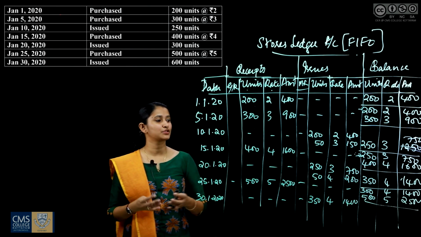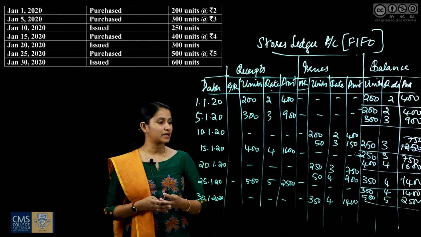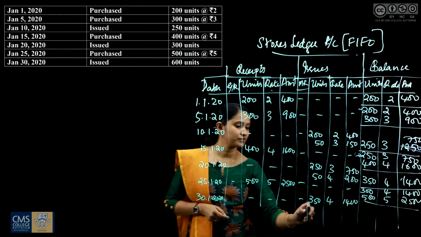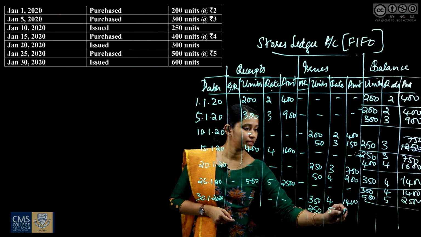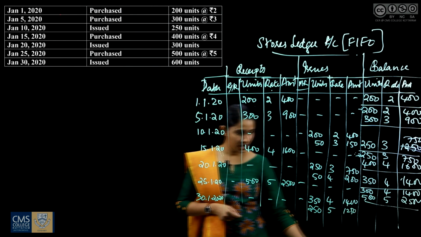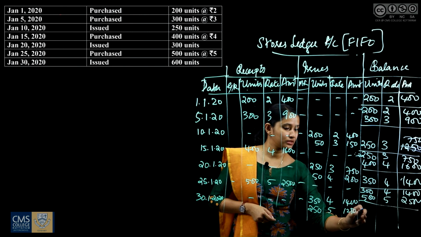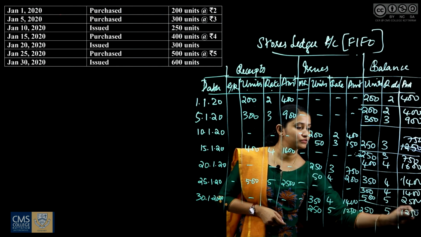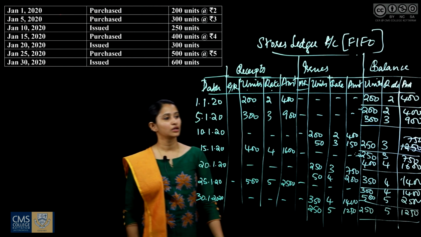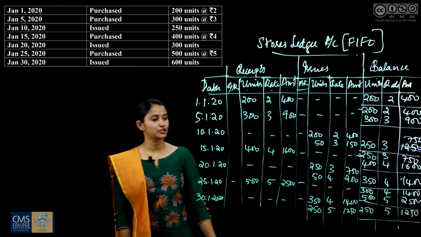We've given them 350 units from the first lot. That means we have to take 250 units from the second lot at 5. That is 1250. And that leaves us with 250 units at 5, 1250. So those are the details for the month of January.